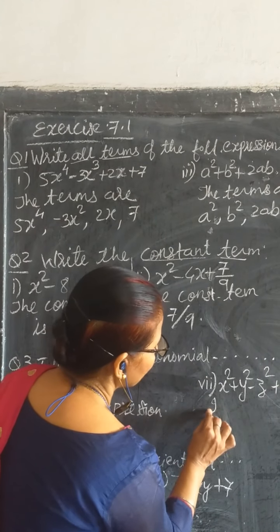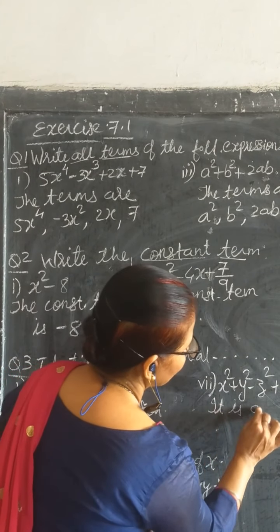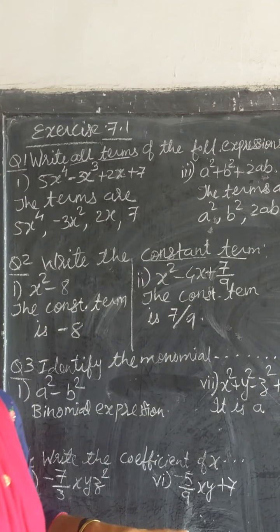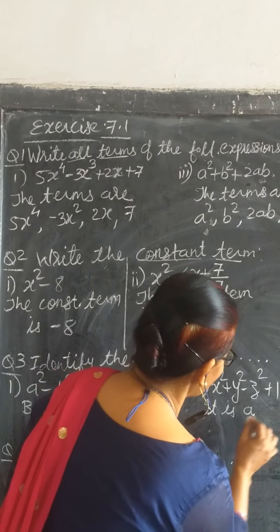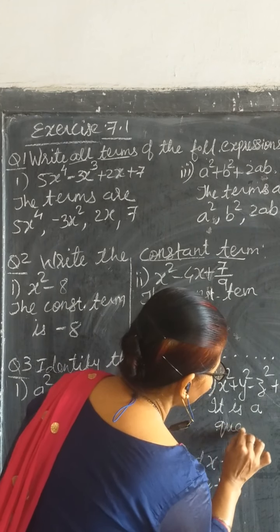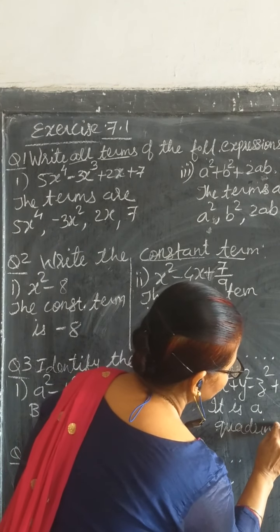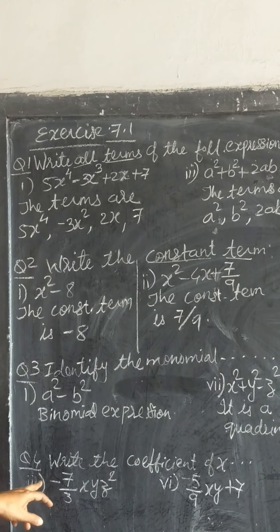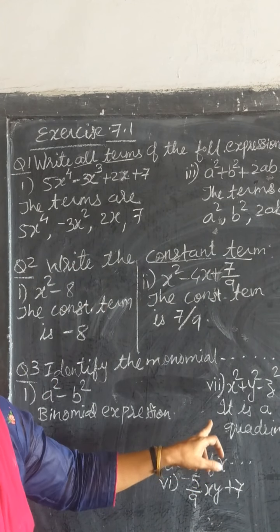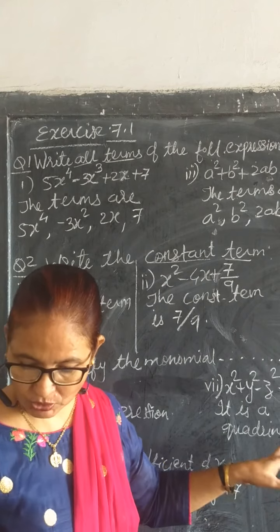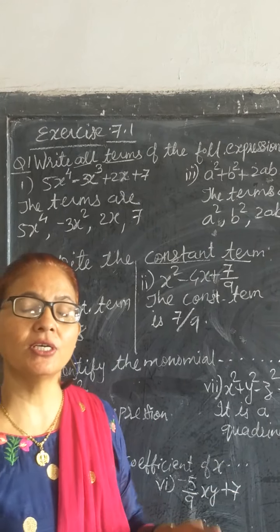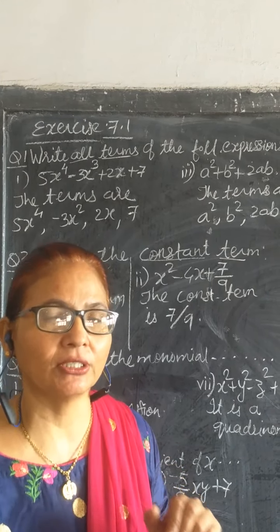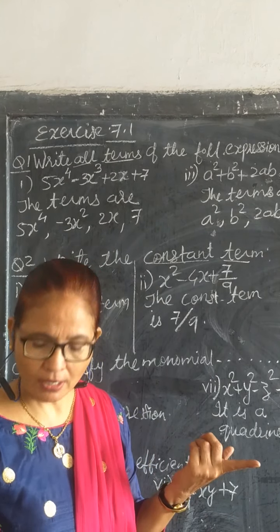So what will you write? It is a quadrinomial. In this way you can write the rest of the examples of this question, because it's very easy. If there is just one term, as you can see, minus xyz, only one term is there, so it's a monomial.